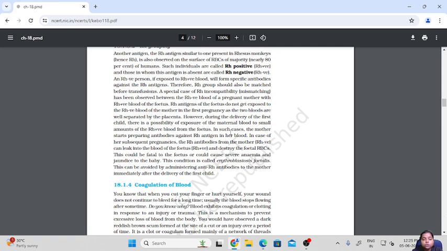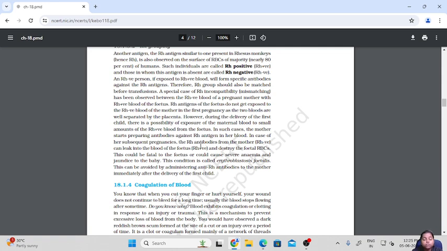So in this case, what will happen? The mother will start preparing antibodies against the Rh antigens in her blood. So it is the Rh antibodies from the mother that can leak into the blood of the fetus, and that can lead to the destruction of the fetal RBCs.